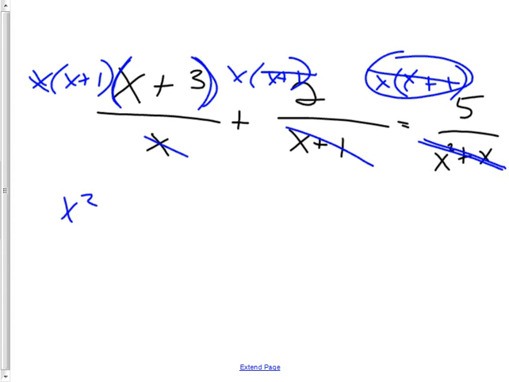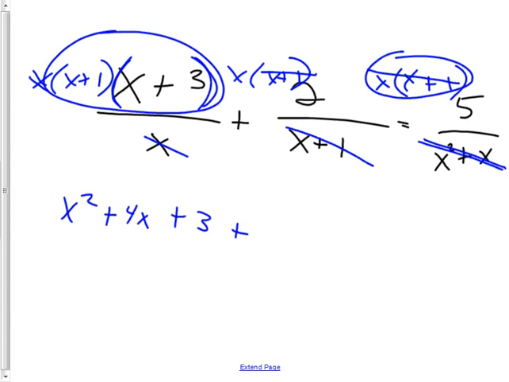So now I have x squared outside and inside 3x, no, 3x plus 1x, 4x. I'm multiplying this out. And then the lasts are plus 3. And then I've got this plus x times 2 is 2x. And then I've got everything else except the 5 canceled. There we go.